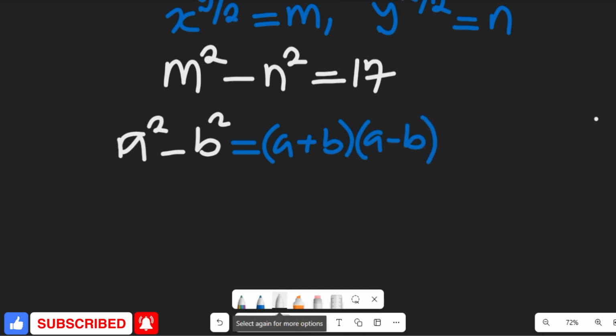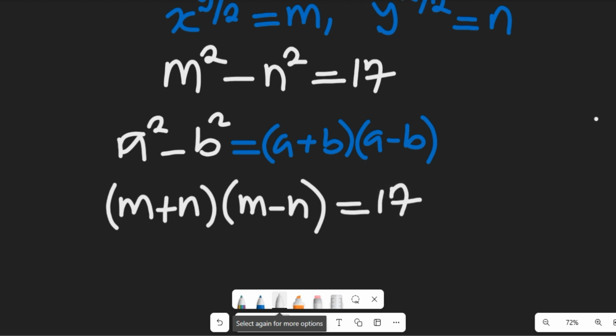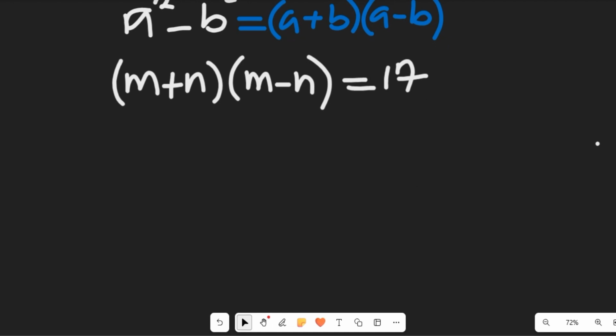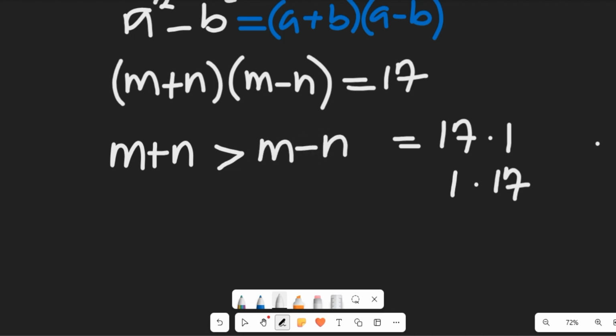Now we can expand that expression to give me m plus n and m minus n, and this will be equal to 17. With this expression, I know that 17 can be 17 multiplied by 1, or 1 multiplied by 17. From this, you can see that m plus n is greater than m minus n.